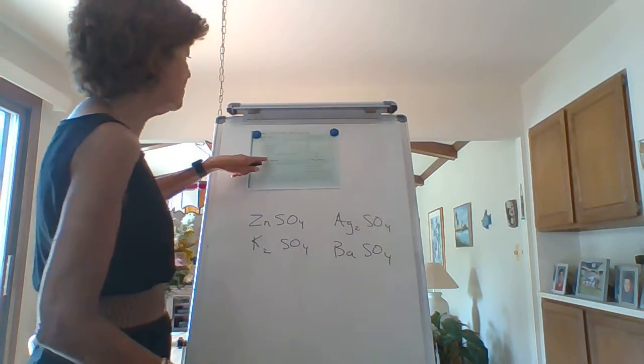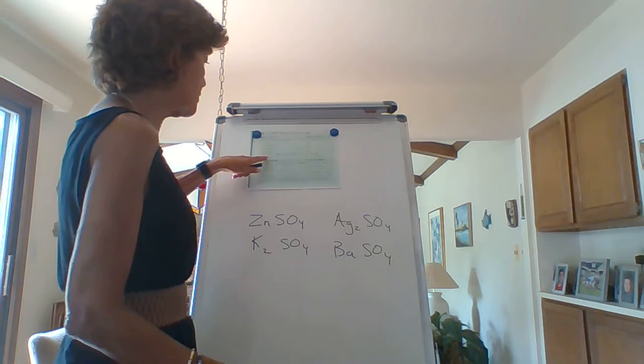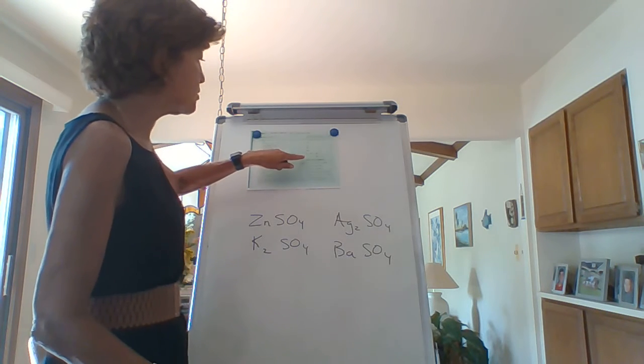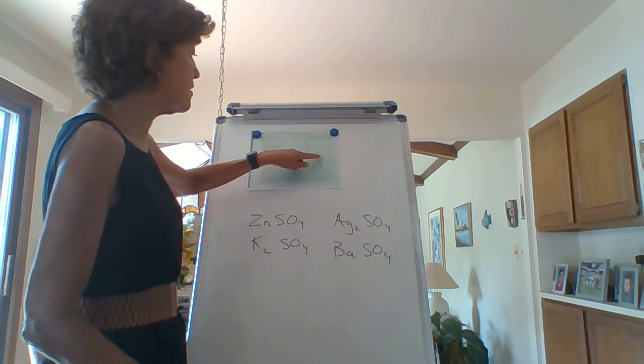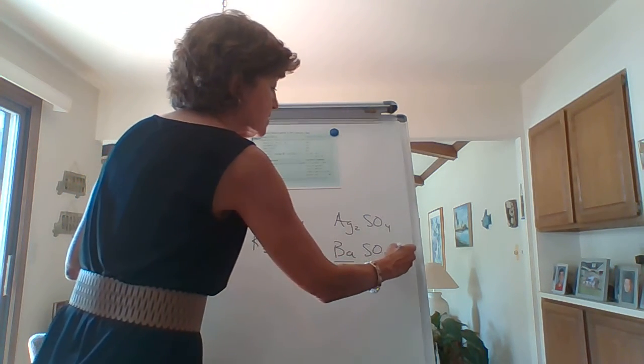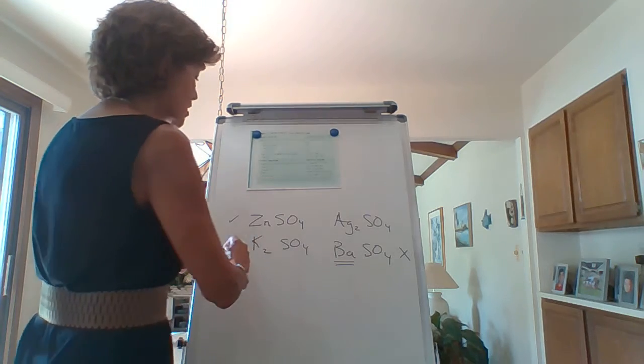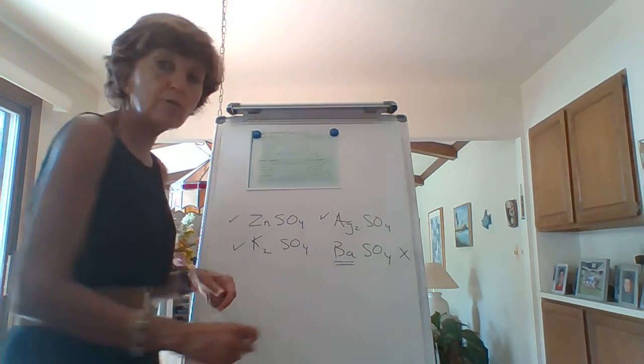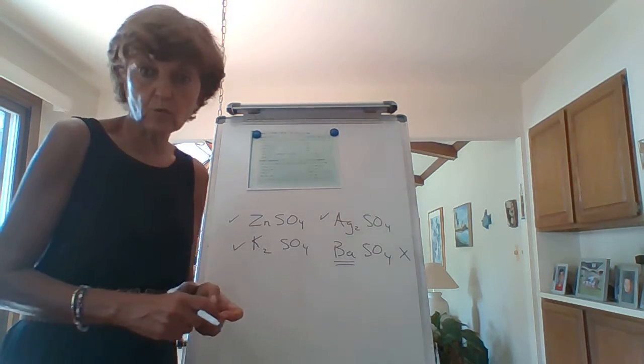According to this rule, all sulfates are soluble. Great. But the exceptions are calcium, strontium, barium, and lead. And out of these, there's a barium. This is not soluble. This is soluble, this is soluble, this is soluble. Why? Because of the sulfate rule.